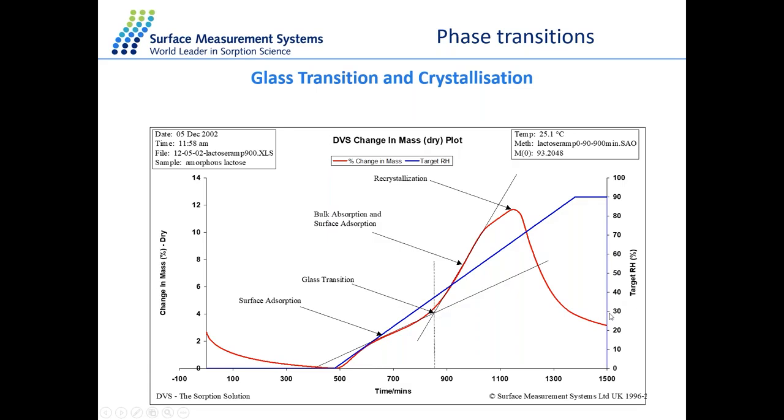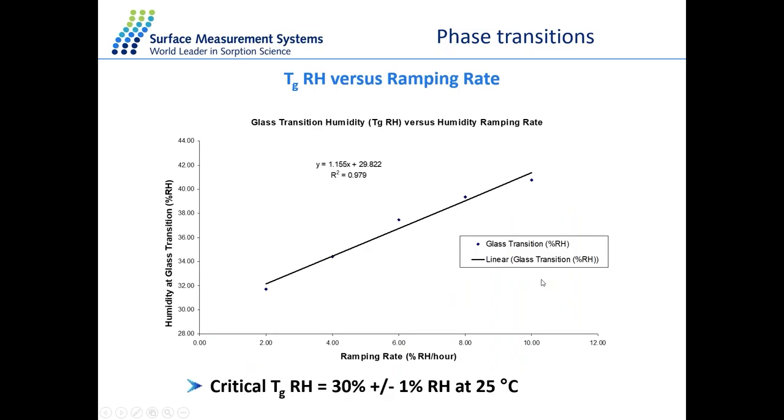But this value depends specifically on the ramp rate that we're using for this experiment, the speed at which we ramp up relative humidity. So what we can do is repeat this experiment by changing the ramp rate and maintaining the same temperature, same condition of the sample, and see whether the glass transition happens. So what you see here is the plot of the glass transition, humidity glass transition, at different ramp rates.